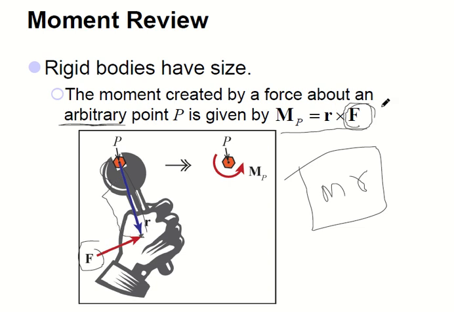So the force and the distance are going to create a moment, and the moment goes that way. It is hard for you to see. Outside you would see that your hand is trying to rotate.